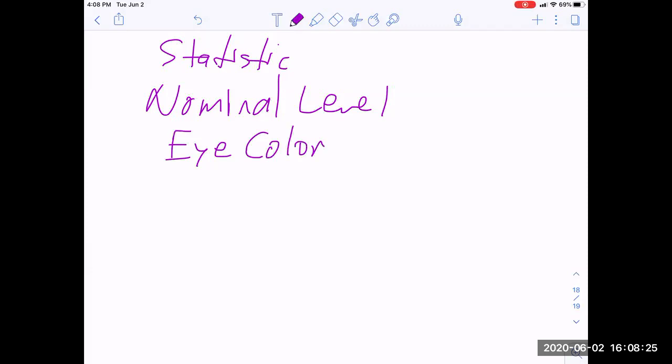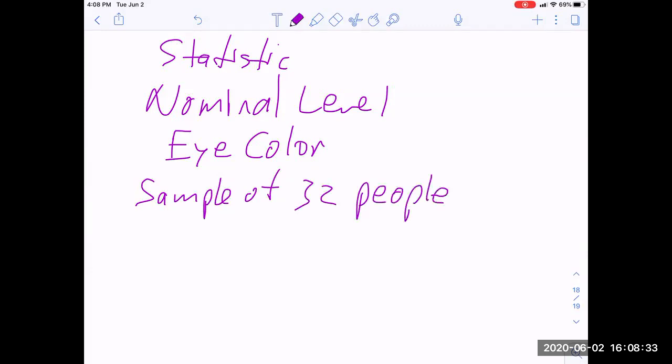Suppose I take a sample of 32 people. 4 have blue eyes. Well, blue eyes is a nominal level. It's just a category of eye color.